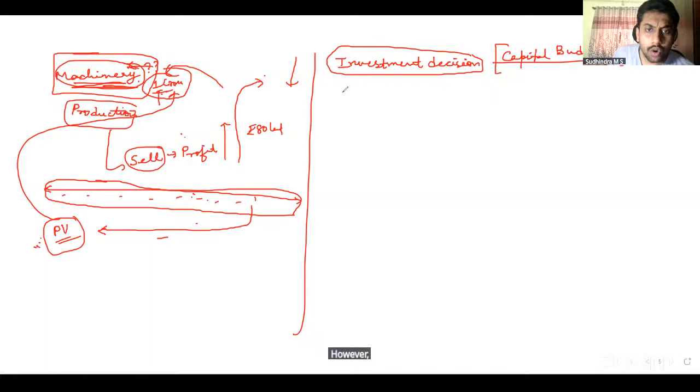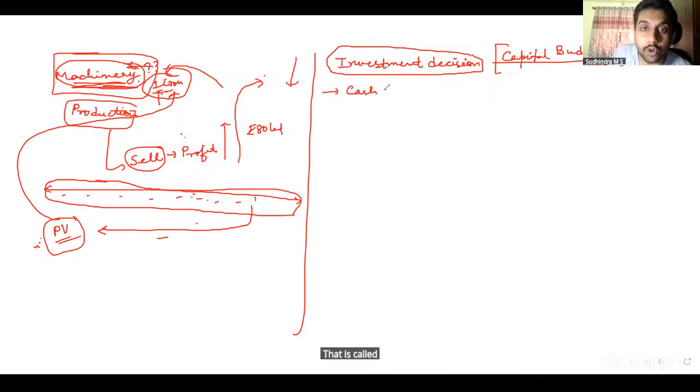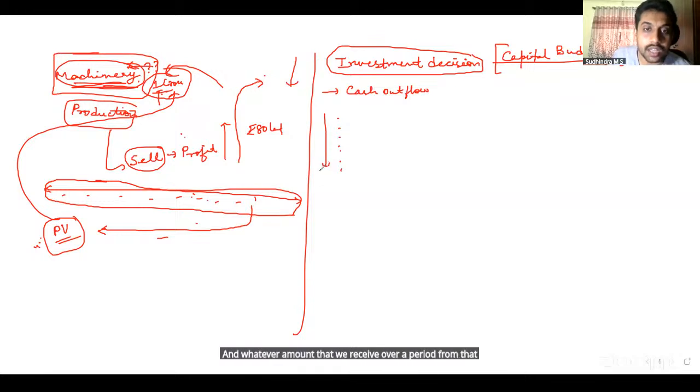However, here, whatever the amount at which we purchase that asset or invest in a project, that is called cash outflow because cash is going out of business for purchasing. And whatever amount that we receive over a period from that machinery, that is called cash inflows. We are receiving money into the business by selling it, making profit.